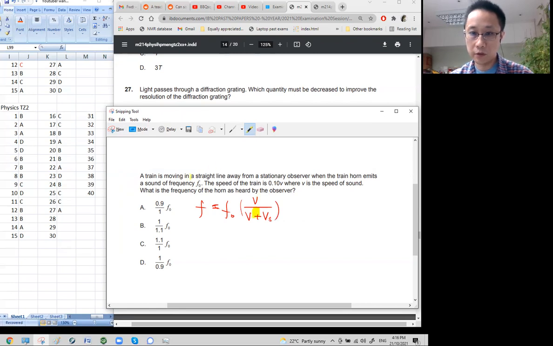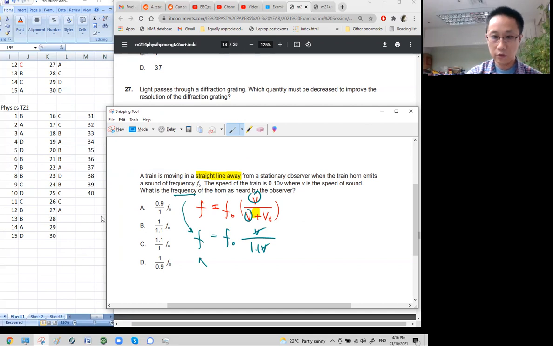It's plus because the train is moving straight away from the observer. And I think all you need to do is plug numbers in. Because the speed of the wave, times v over 1.1v, the v's clearly cancel. And then it asks me for the frequency of the horn as heard by the observer, and that's this f. So B should be the answer.